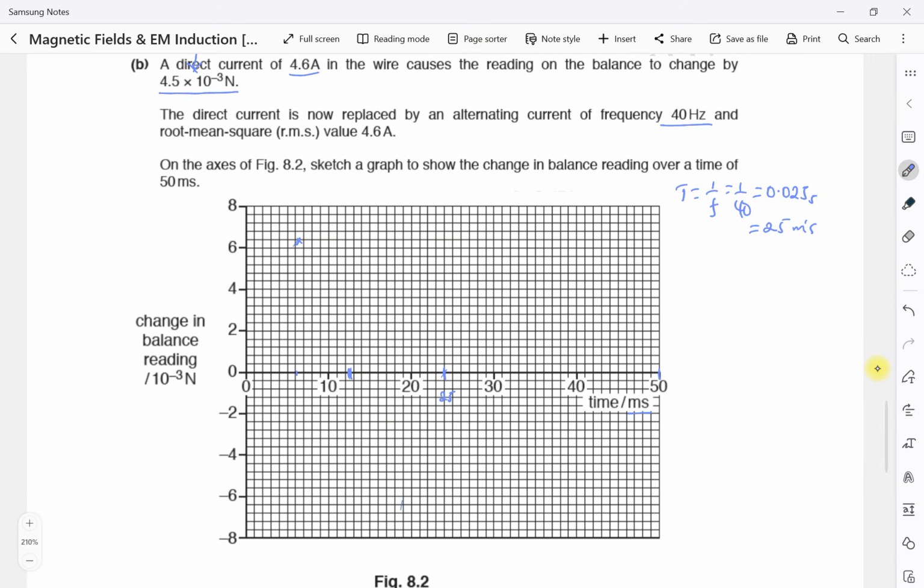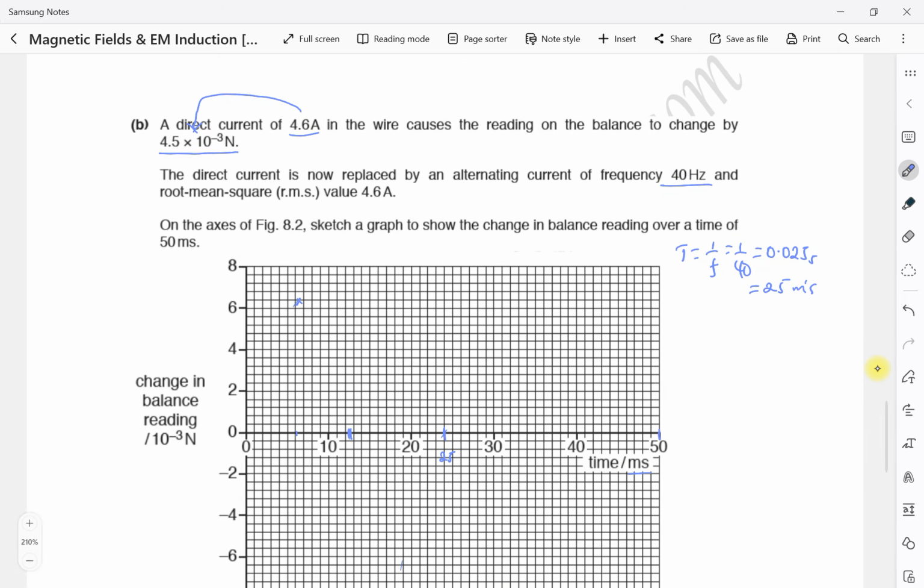Okay, let me first find the maximum change in force. So we know that force is proportional to B, and we know that the peak current is equal to the root of 2 times the I root mean square. So the peak current is 4.6 times root 2.